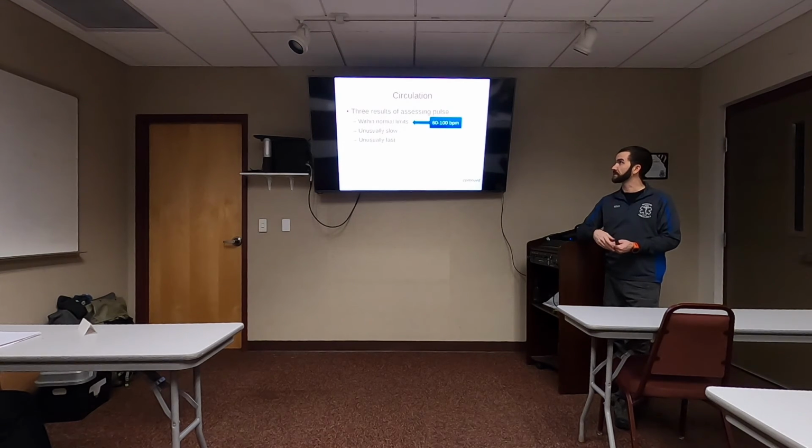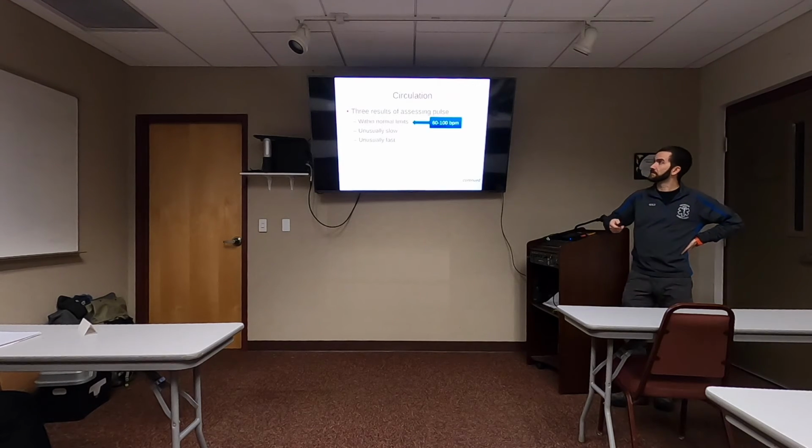Pretty common to walk into the room and ask them what's going on and slip one of those little pulse oximeter things on their fingers. And then we're going to get pulse out of that and their O2 sats.